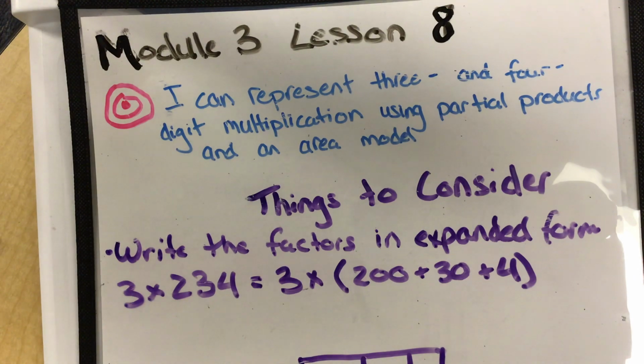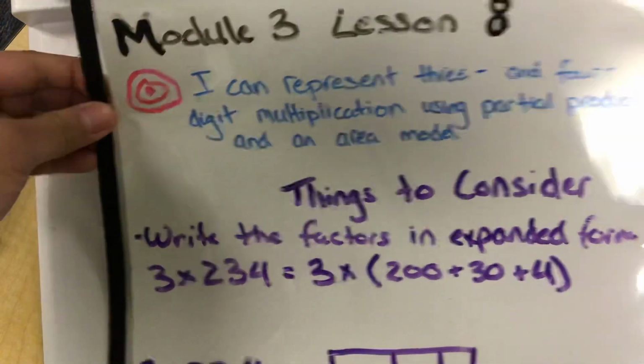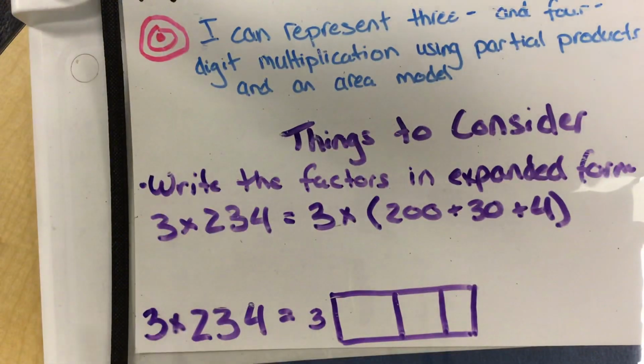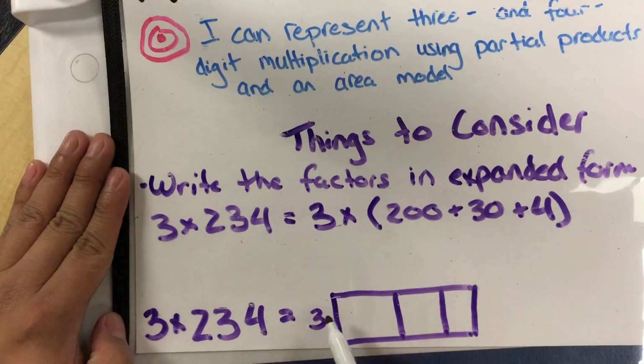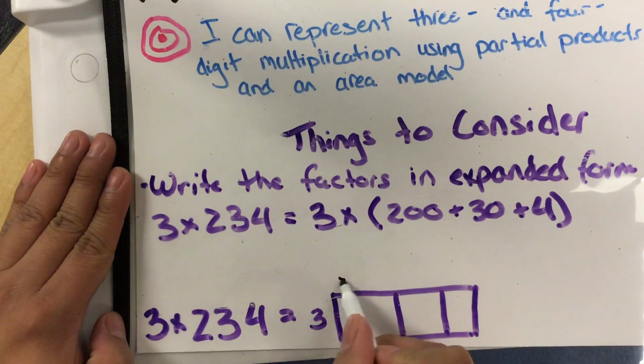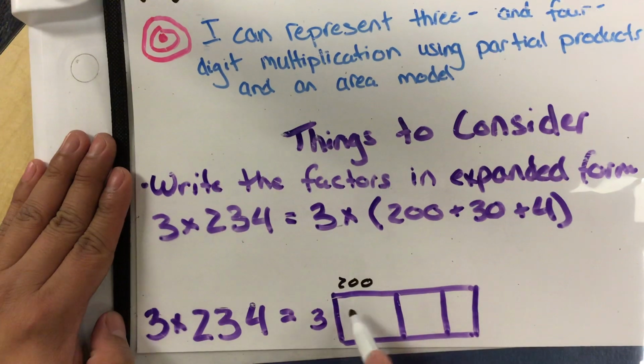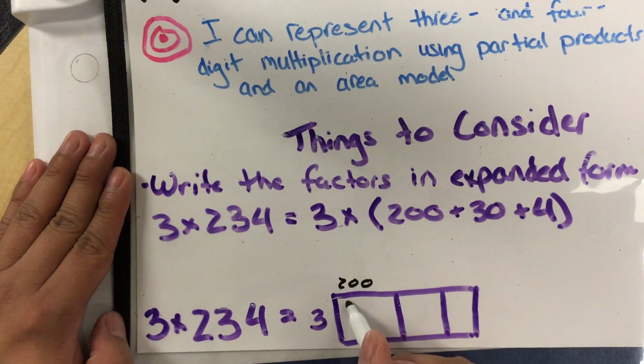Now, what will it look like in an area model? We're going to see 3 times 234. So that would look like 3 times 200. So this rectangle is 200 times 3.